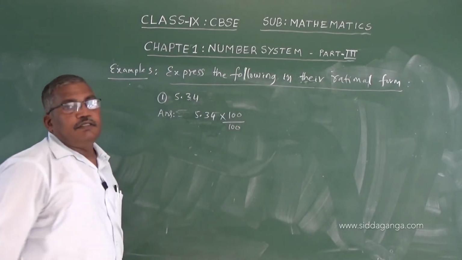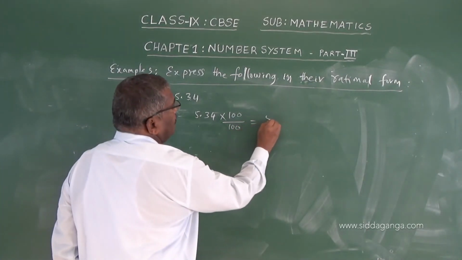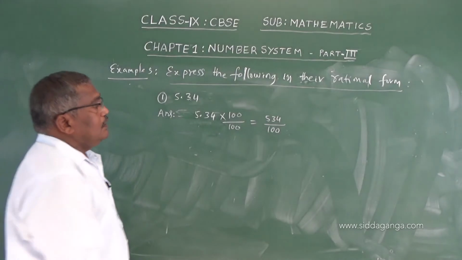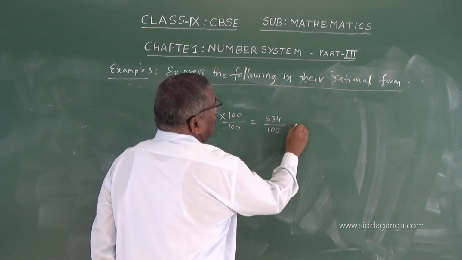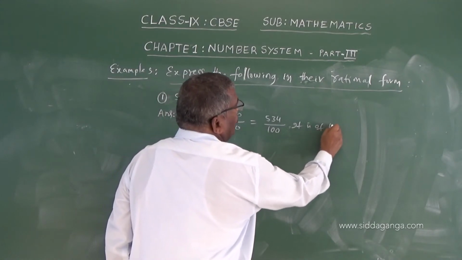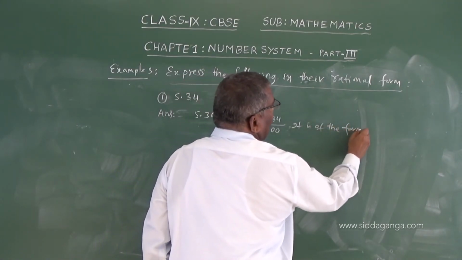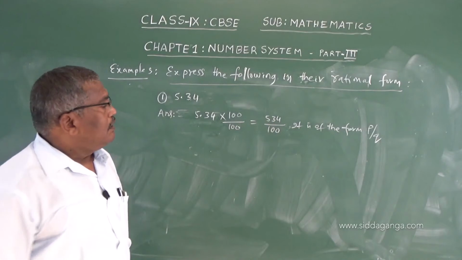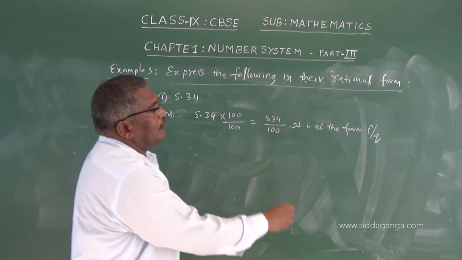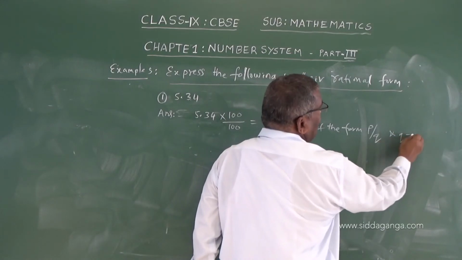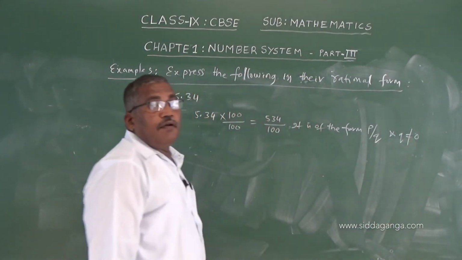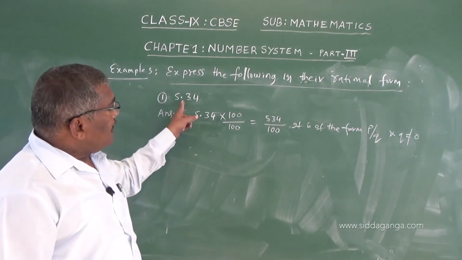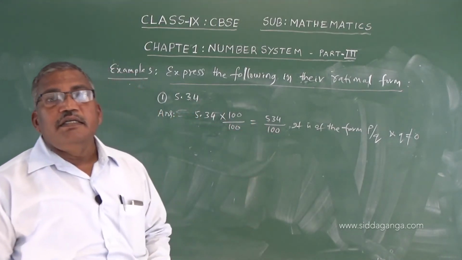The value will not change. The numerator becomes 534 divided by 100. This is of the form P by Q, where P is an integer, 534 is an integer, 100 is an integer, and Q is not equal to 0. Therefore, 5.34 is the decimal form and its rational form is 534 divided by 100.